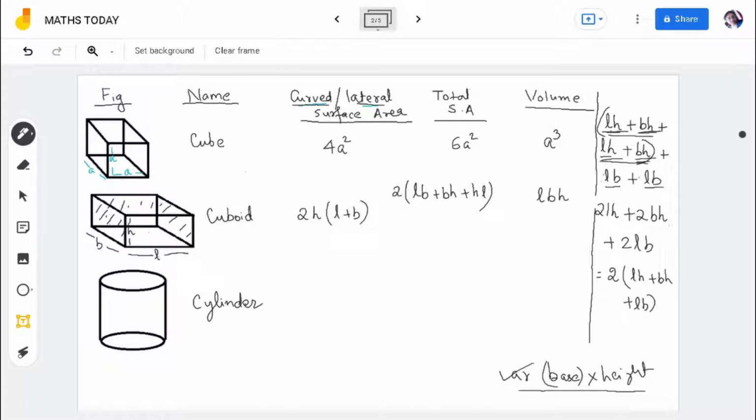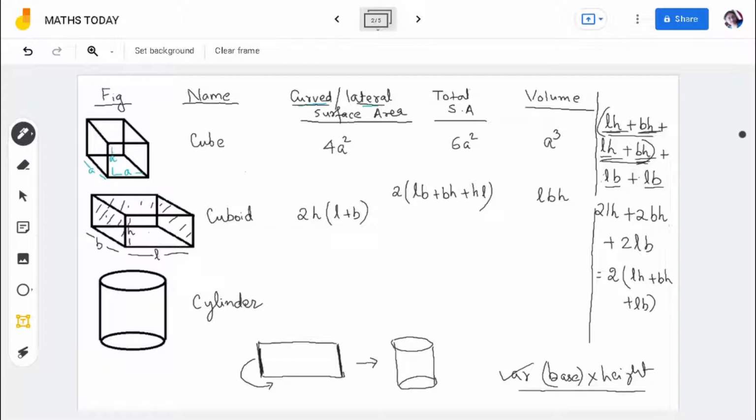In real life, if we consider one page and join these two edges together, we get this type of figure, which is nothing but the cylinder. So if one rectangular piece of page is joined edge to edge, we get a cylinder.